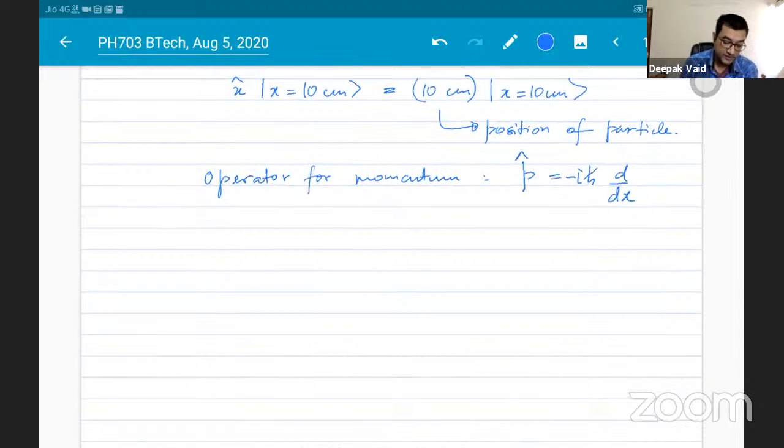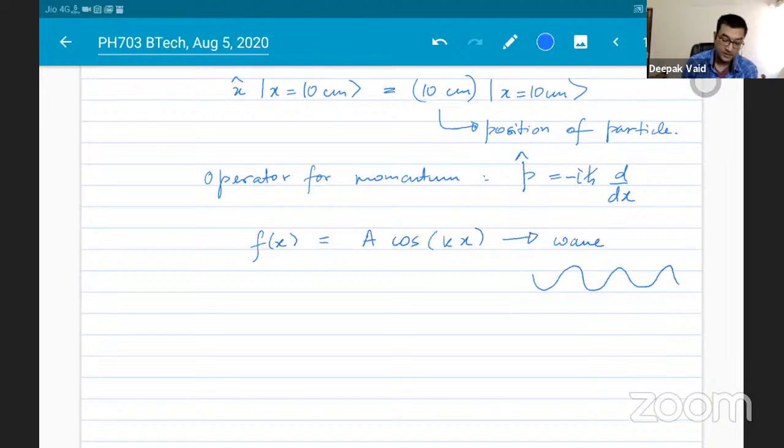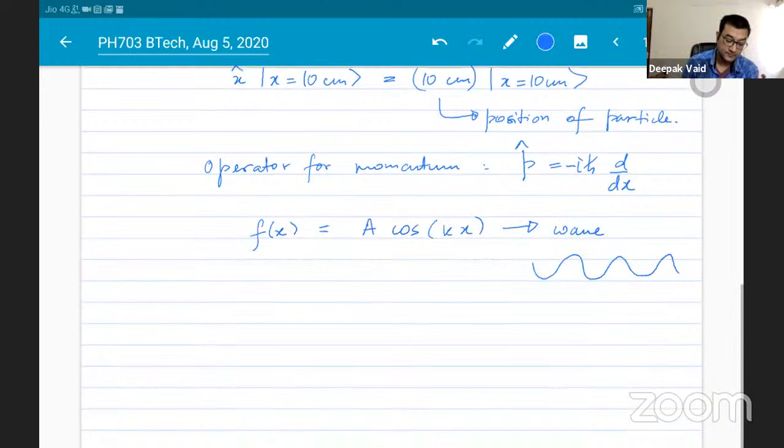Imagine that you have some function of x, which is like this, let's say A times cosine kx. Now what is this? This is a wave. And what is the wavelength? The wavelength is the interval over which the wave repeats itself. So when does the wave repeat itself? When the argument changes by 2 pi.